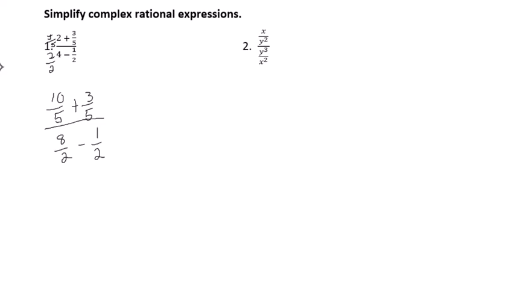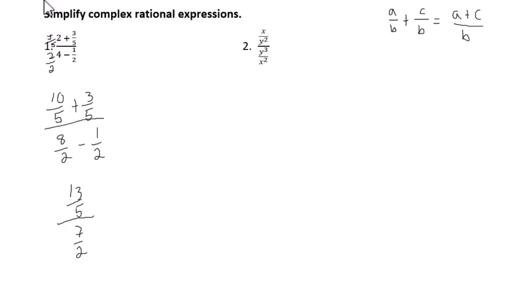Okay, so then adding fractions, if you don't remember, a over b plus c over b is equal to a plus c over b. And so 10 plus 3 would be 13 over 5 divided by 8 minus 1, which would be 7 over 2.